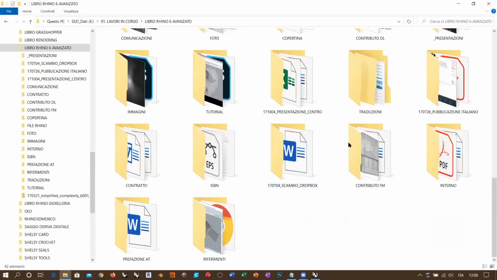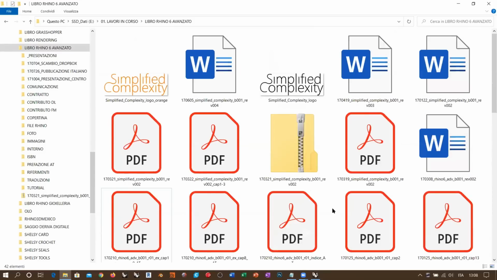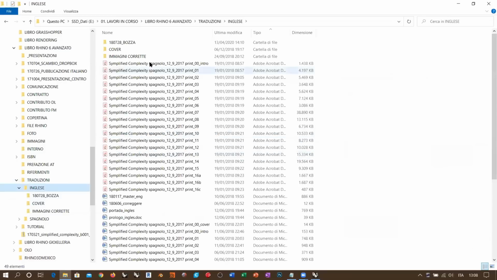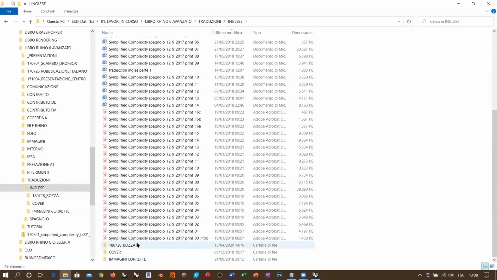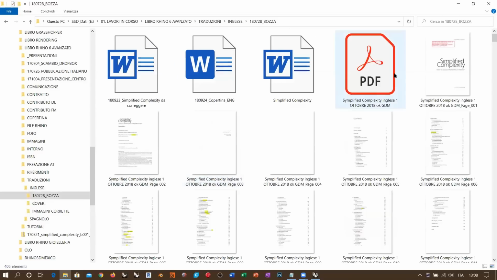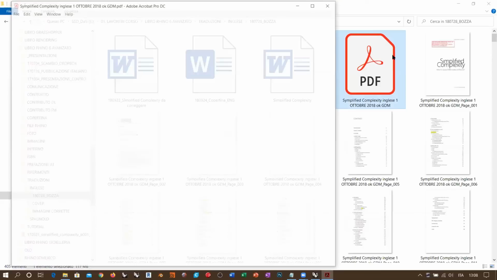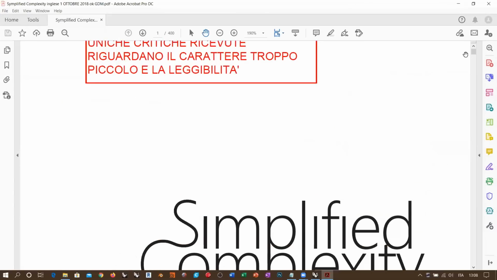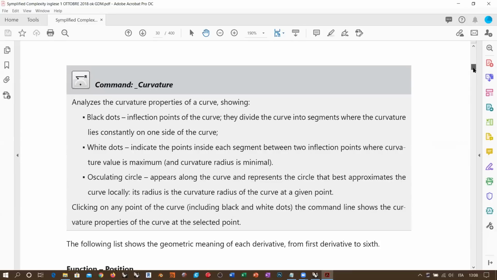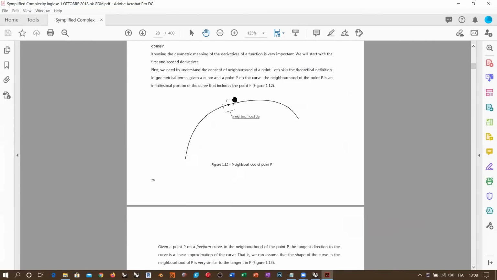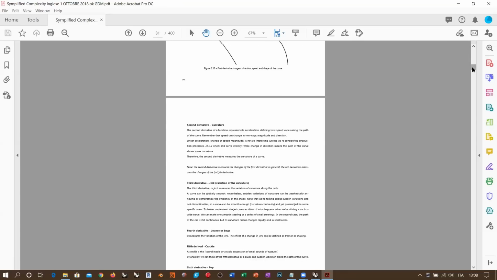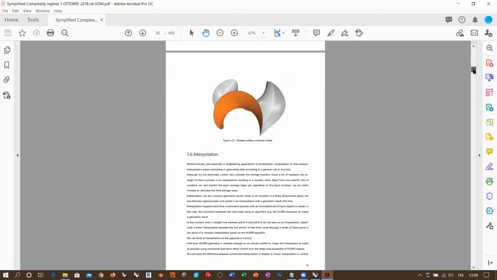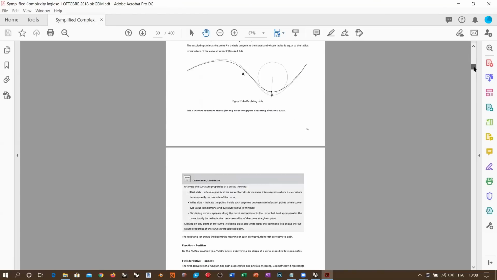Let me see if I have it in one single file. Well, I prefer to go into the translations here in English, and it should be somewhere here. Okay, I'm going to find it here. This is the final edit before the printing, but let me decrease this so I can clearly find it. I think it's chapter 4 or something like that. This is curvature analysis.